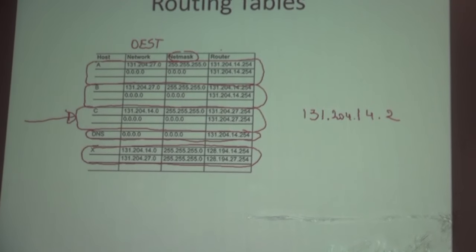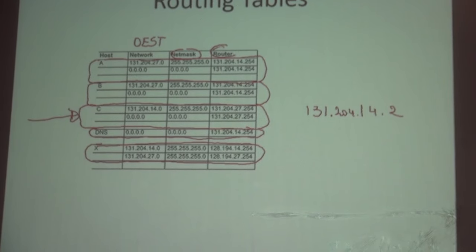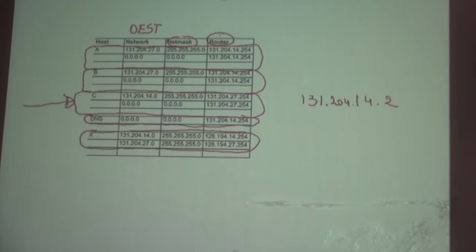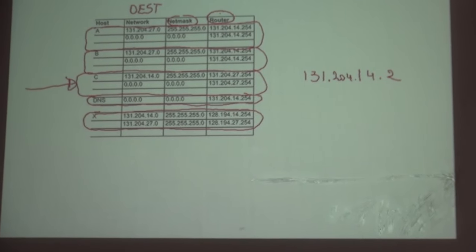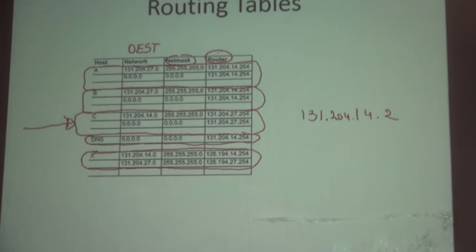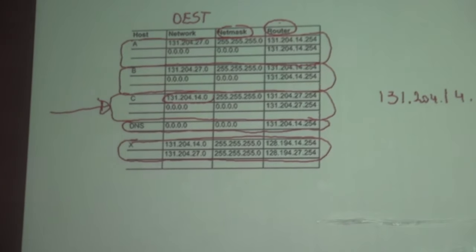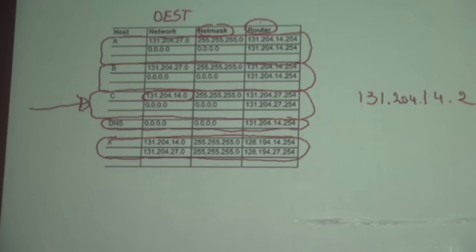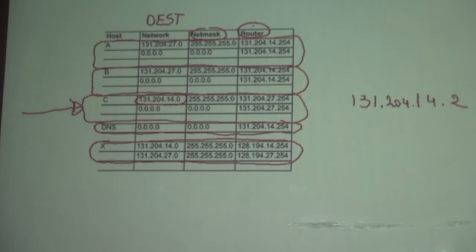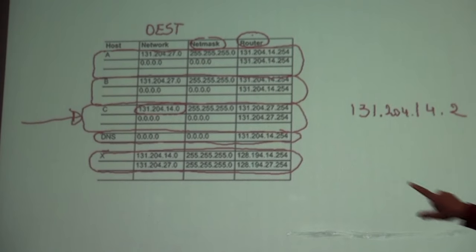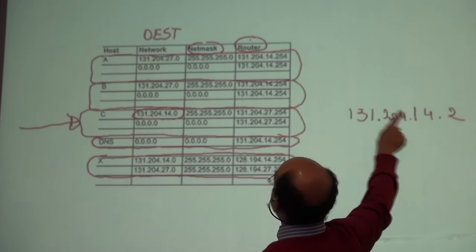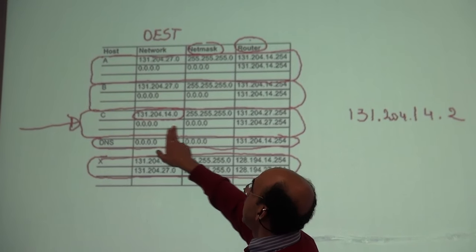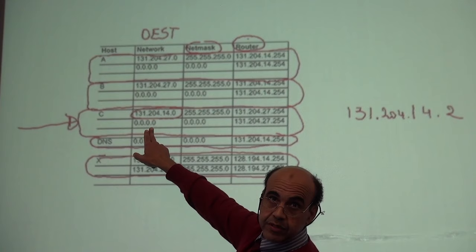Which router should I use to send this? Which entry should I pick? The first one. Yes, it looks like the first one is an exact match, which is exactly where I want to go. If I did not find a match, I would take the default route.